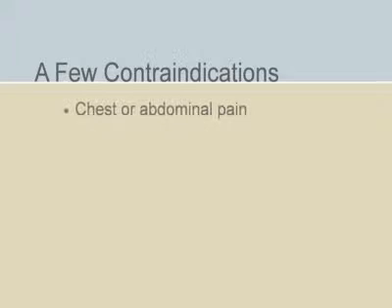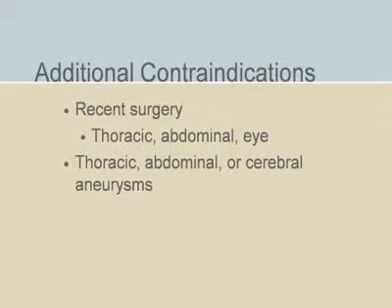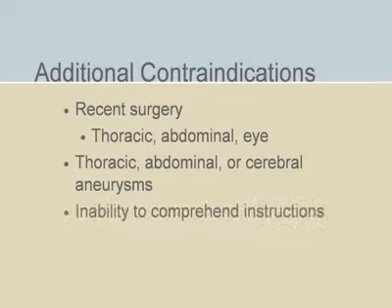A few, but not all, contraindications to be aware of: the presence of chest or abdominal pain, nausea, or diarrhea. History of a myocardial infarction within the past 1 month. Recent thoracic or abdominal surgery, or thoracic, abdominal, or cerebral aneurysms. Recent eye surgery. Inability to comprehend instructions, for example, dementia.